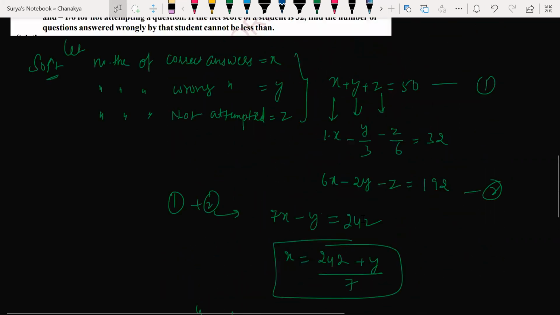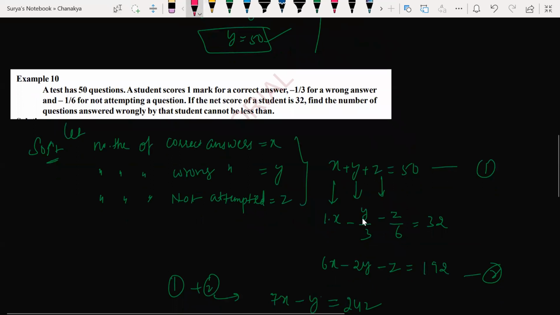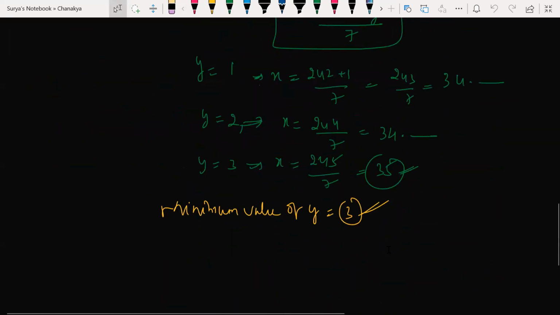Correct answers, wrong answers, how can correct answers be in decimals, and how can wrong answers be in decimals? It will be some integer, right? Understood my point? So the minimum value of y should be 3. I cannot take y value as 1 or 2. If I take y value as 3, then only I'm getting an integer. Understood my point?